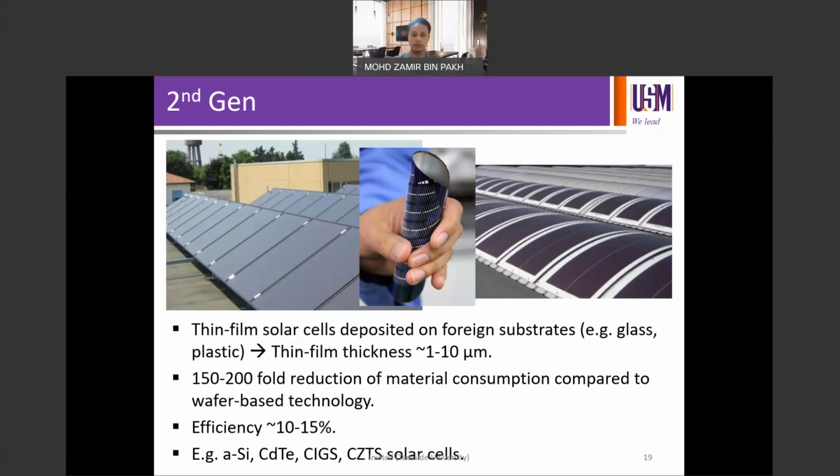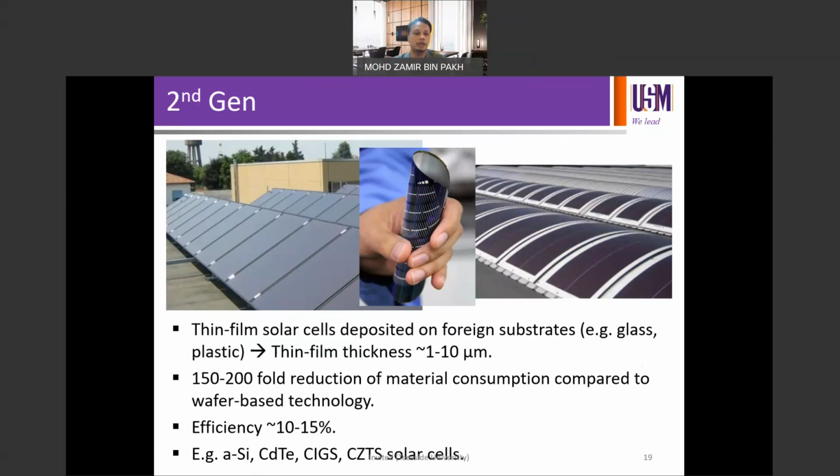They're going to break easily because they're going to be more and more brittle. So that's why for this particular technology, the solar cells need to be deposited on foreign substrates, for example glass substrates or plastic substrates, or even cloth, in order to enable thin film solar cells, and they can be flexible as well.